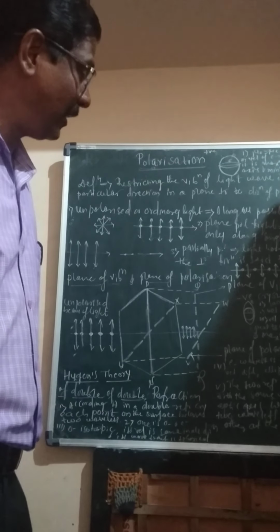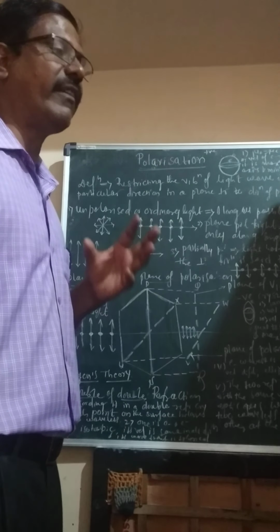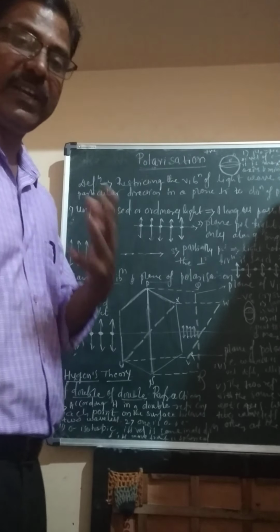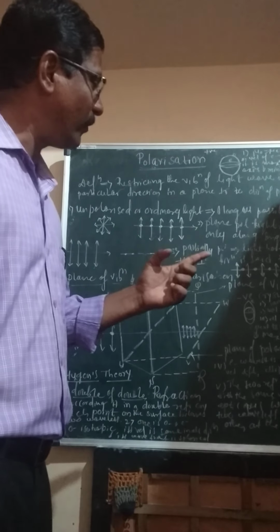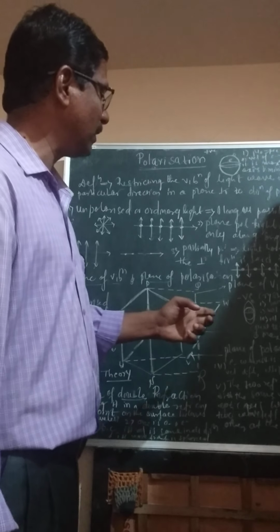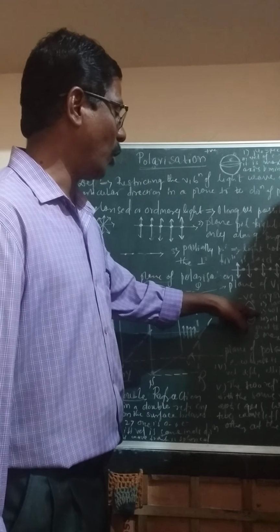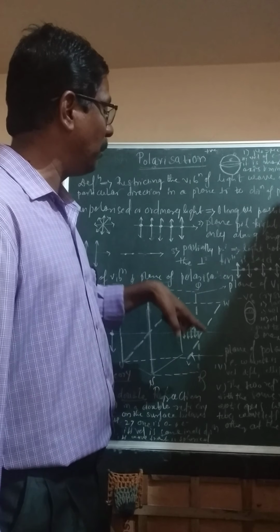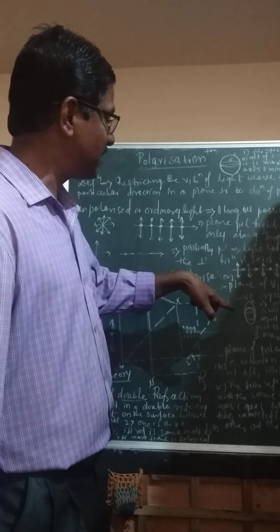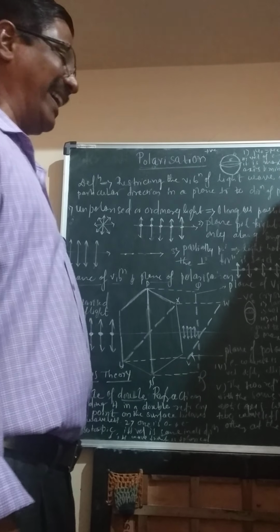But the velocity of our extraordinary rays varies. How does it vary? Its velocity is minimum, equal to that of ordinary rays along the optical axis, and it is maximum in the directions perpendicular to the direction of the optical axis.